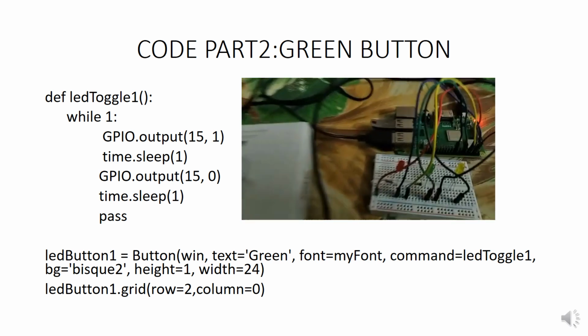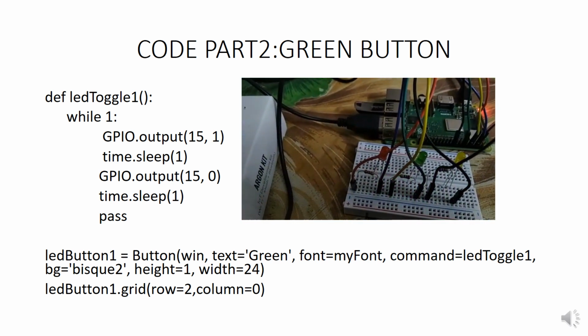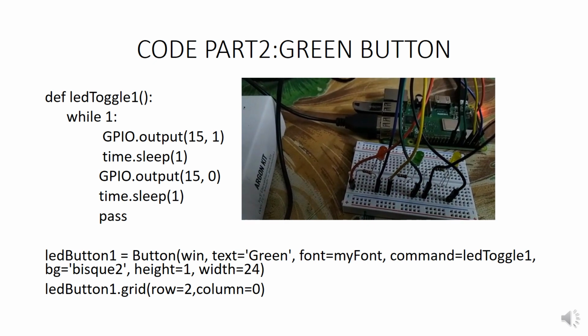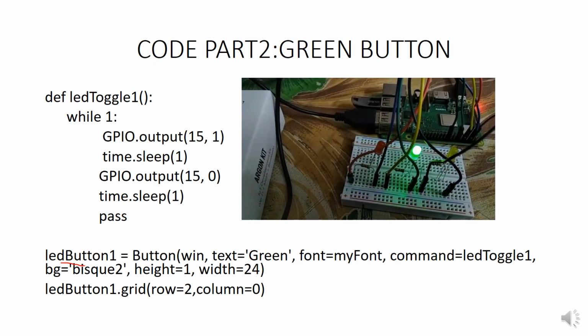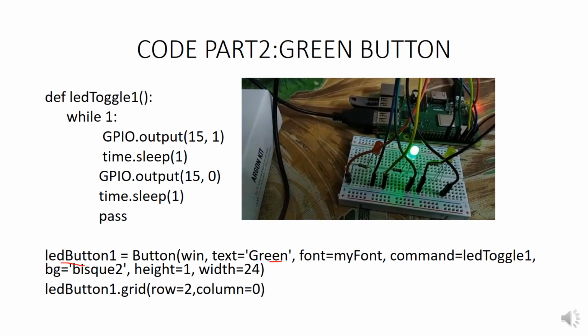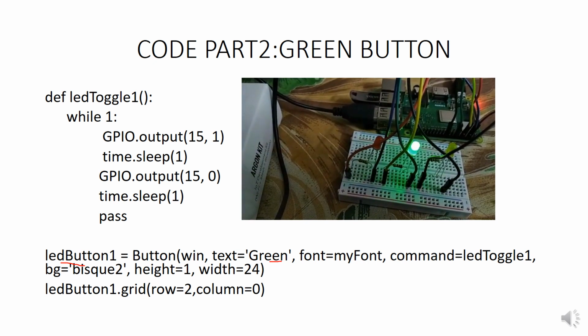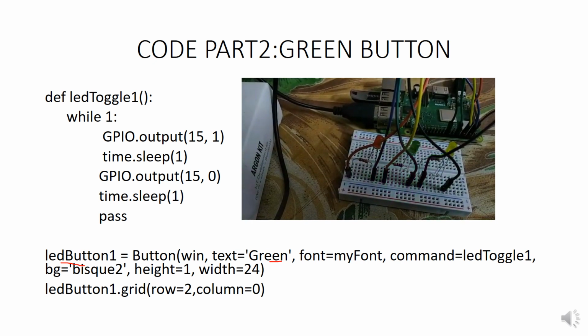Same code I am using for the green button and the gold button. I am creating LED button 1, labeling it as green, command LED toggle 1, height and width as set, position at row 2. I'm again creating an infinite loop, setting my output to high, then low, and it repeats.